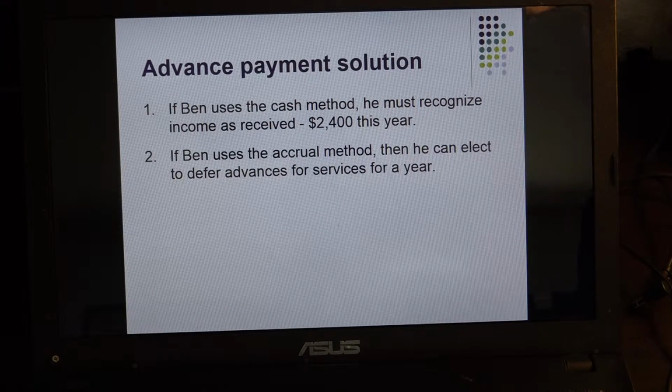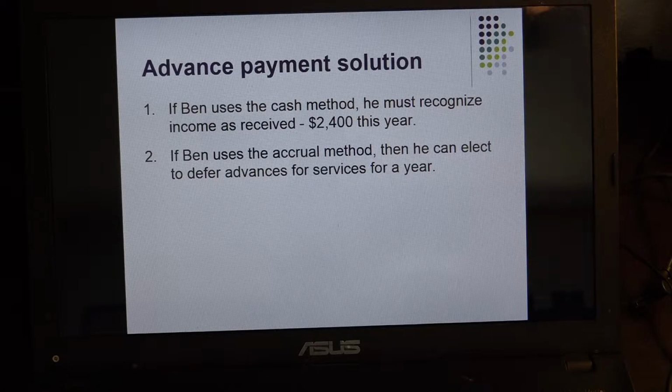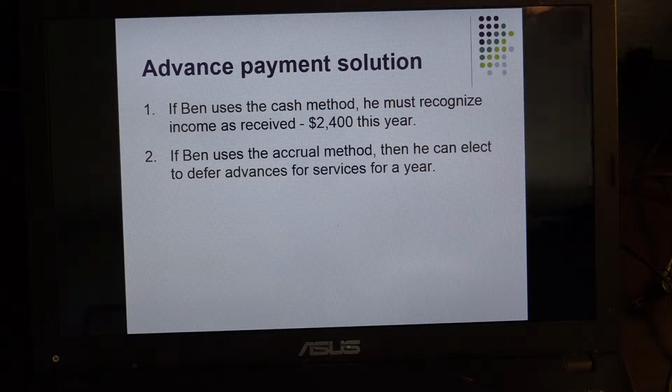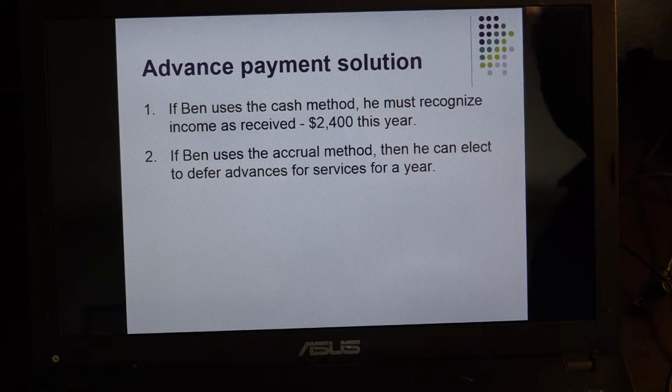So notice, he got payment on September 30th, so I'm not sure when he starts these, but assuming 10/1 is when he starts these services, he would recognize 3 months worth of income in that year. Then he'd recognize the rest of the income in that next year, even though the services are actually going to go beyond that next year. Okay, so you can only defer it for one more year past the payment.